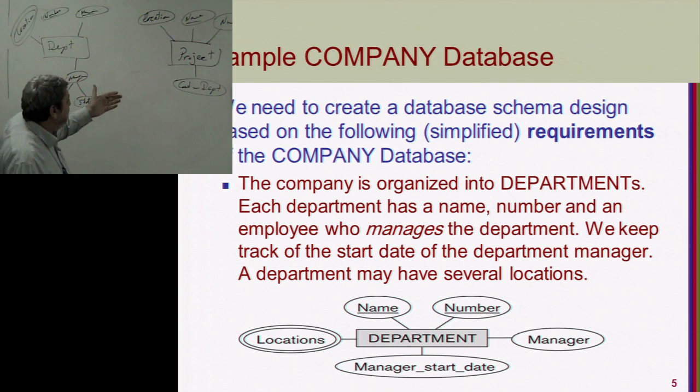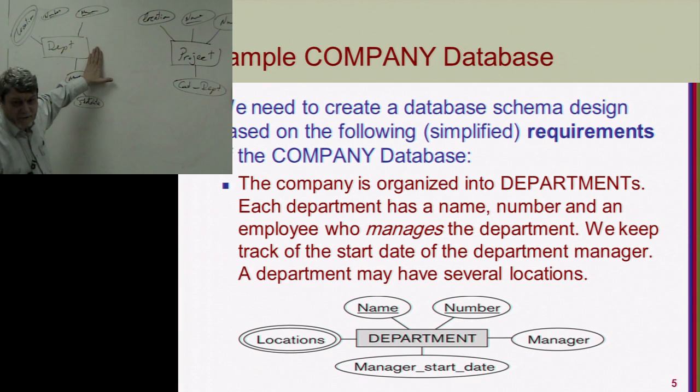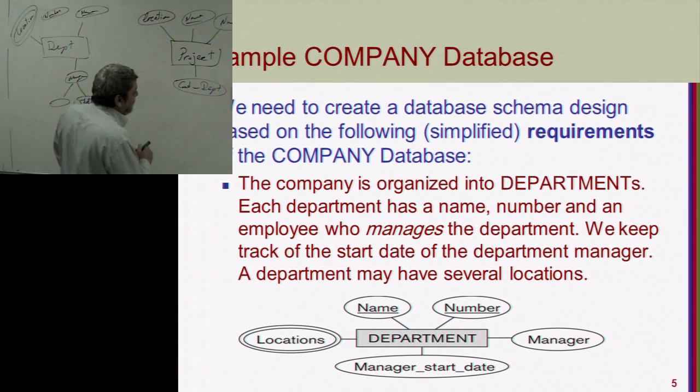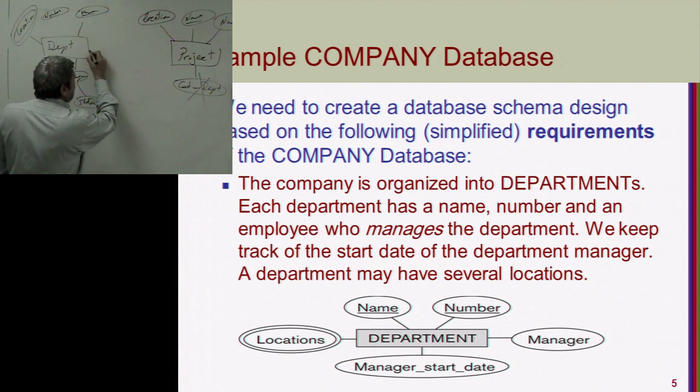So it says that this project is related to one of these departments. Which relationship? Controlling relationship. Right? So instead of representing it as an attribute, why not represent it as a relationship?